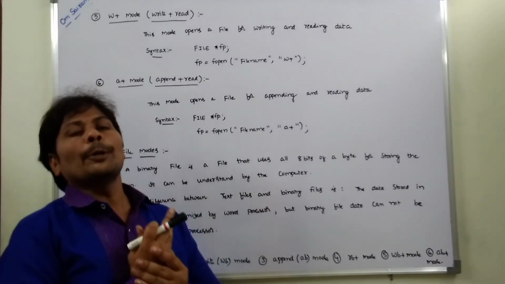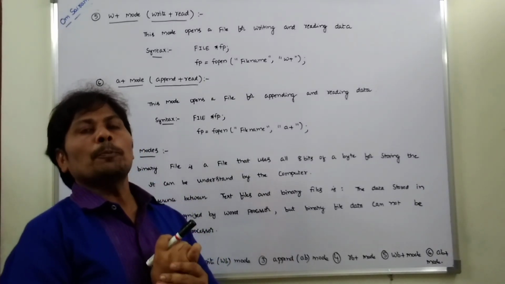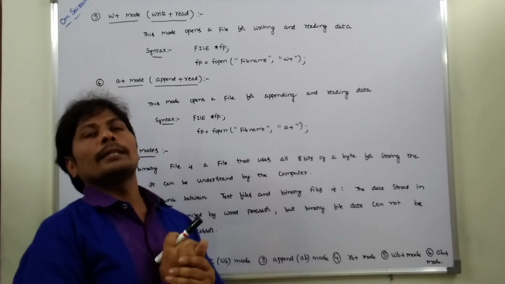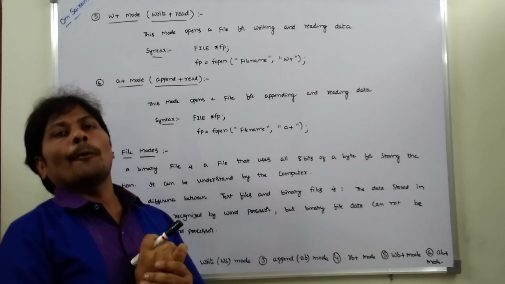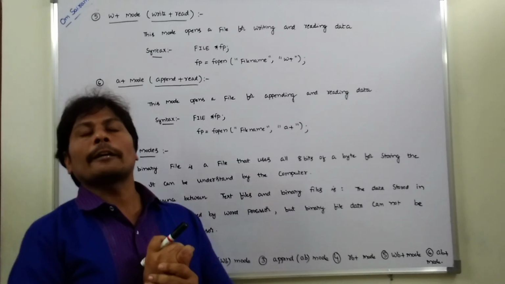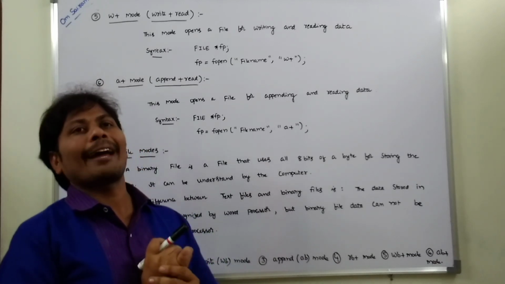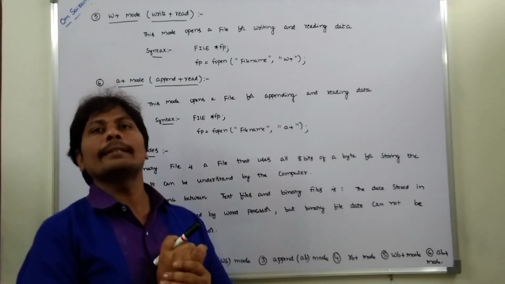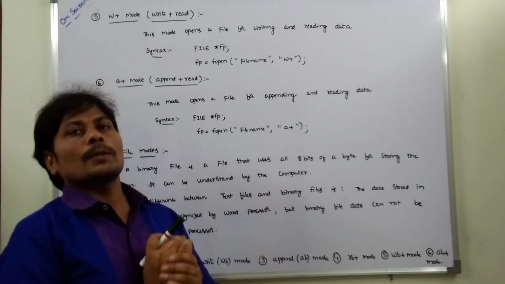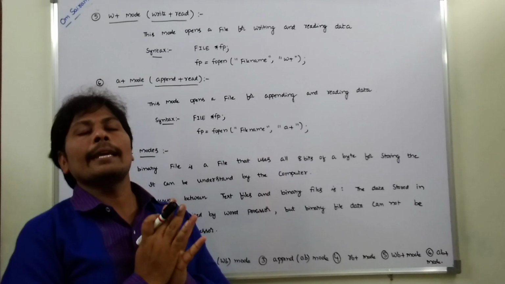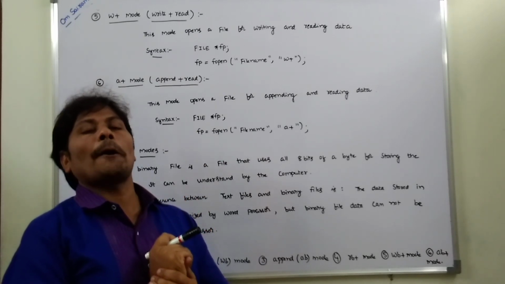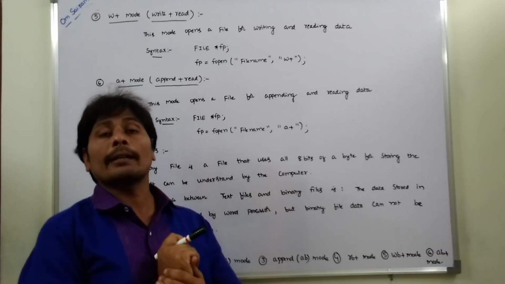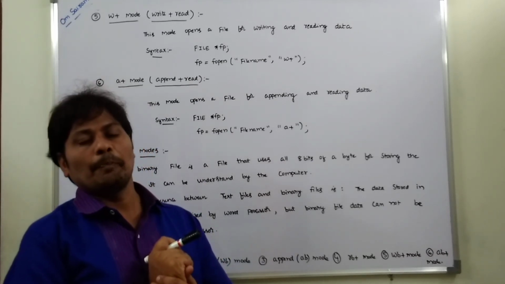Next, W plus mode. W plus mode is nothing but write plus read. This mode opens a file for performing both write operation and read operation. Suppose the file already exists, then the contents of the file are overwritten.